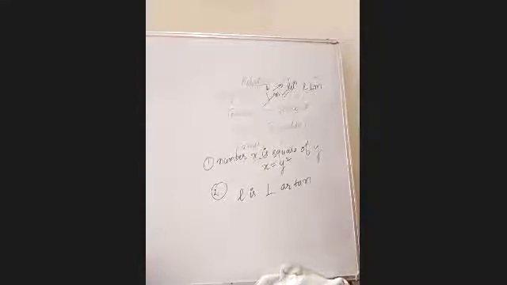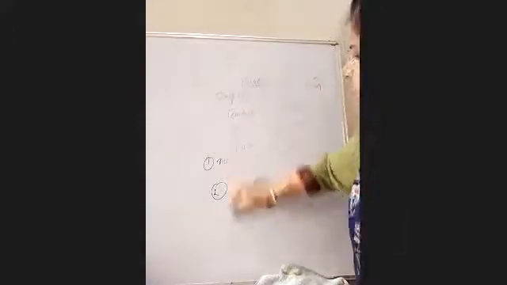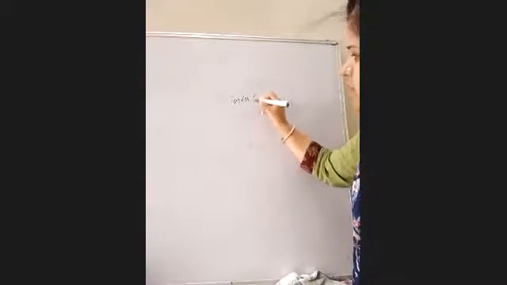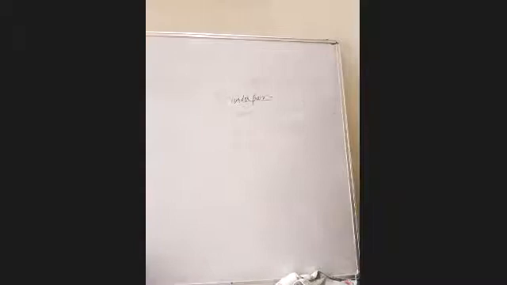Now, next is ordered pair. The next term which we will study is ordered pair. What it means is that an ordered pair is a pair of objects taken in a specific order.